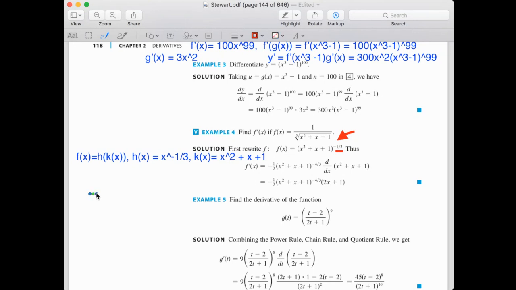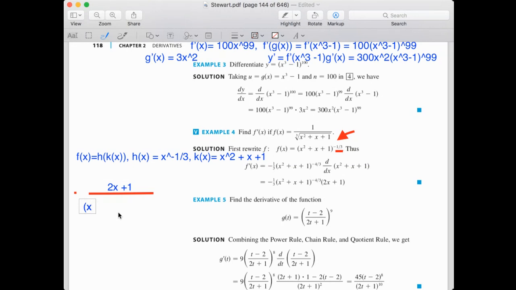So negative 2x plus 1 as a numerator. Then for the denominator, because it's a 4 over 3, we can take out one term.